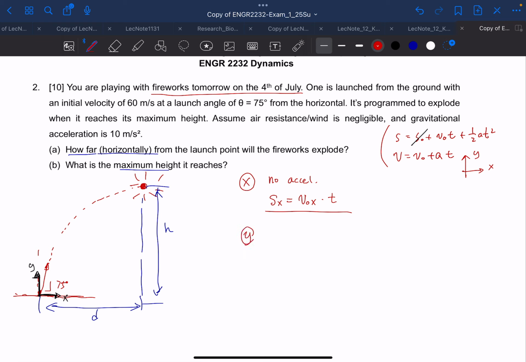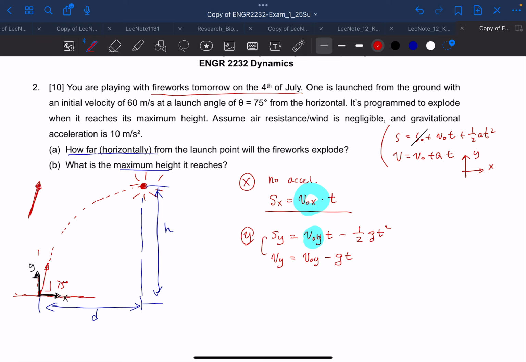And in the y direction, s of y is v of y times t minus 1/2 g t squared, right? And then v of y is v0 of y minus gt. So we will need to find these two values, and of course we can find them from here.